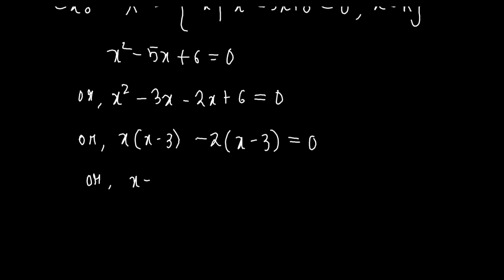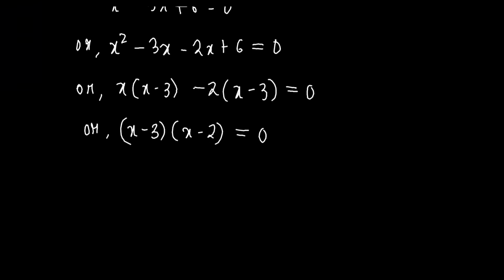That is, x minus 3 into x minus 2 is equal to 0. So from this we get that either x equal to 3 or x equal to 2. So here we have got two values of x which will satisfy this equation, that is x square minus 5x plus 6 equal to 0.